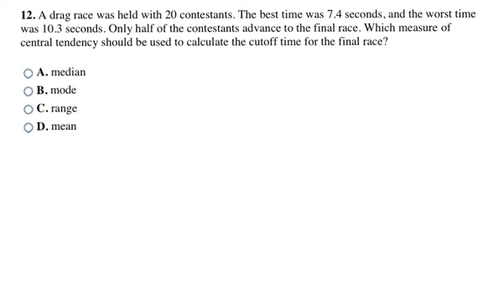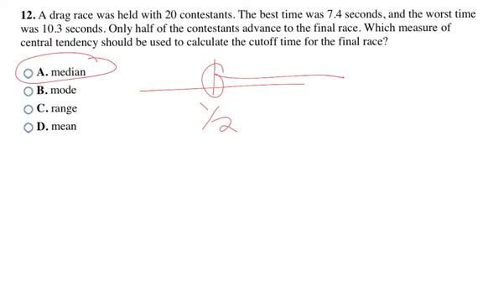Because you're only looking at that first half, which one of these talks about half? The median talks about finding the halfway point of your numbers. So if you're looking for the cutoff score, you're looking for that half and up, then that's going to be the median. So letter A is going to be my final answer.